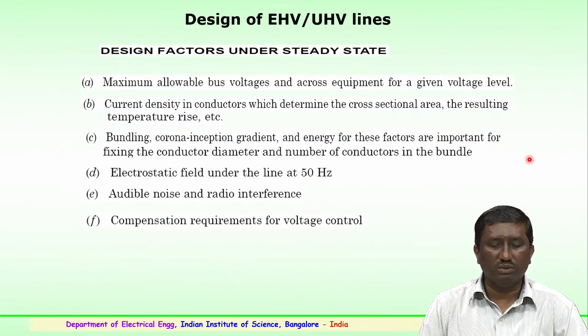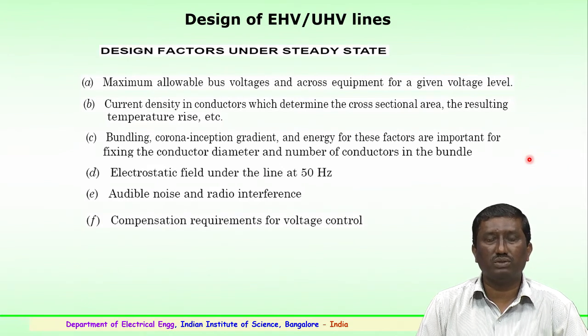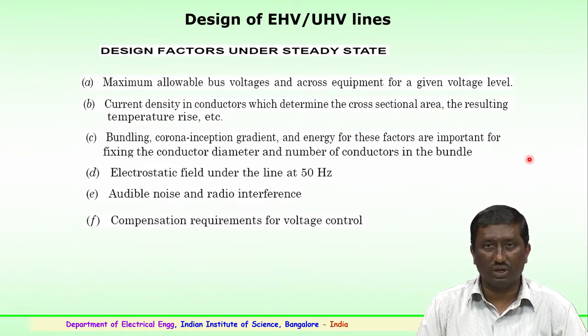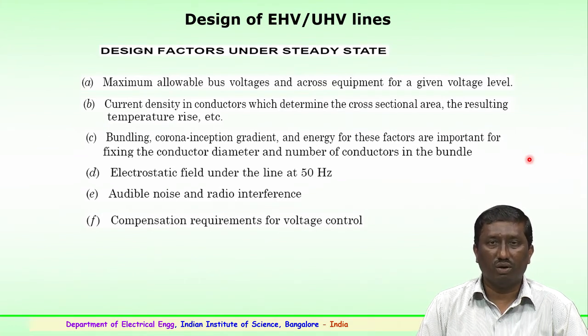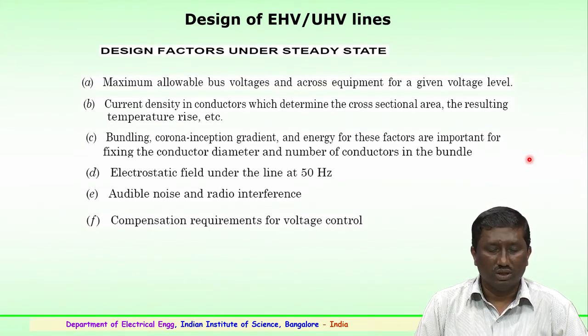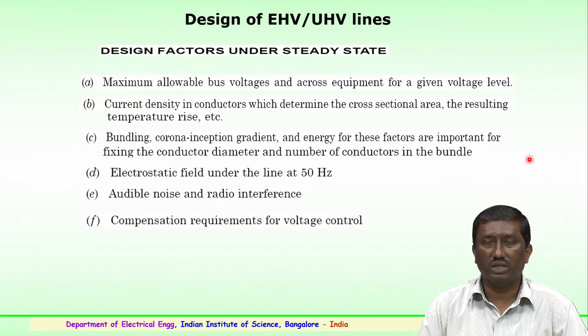The maximum allowable bus voltage could be any transmission voltage, could be 220, 400, 765 or 800 kilovolts. So, the maximum allowable bus voltage is an important factor to be considered, and across the equipment for a given voltage level. Any specified voltage level for the equipment which is being used at that level has to be considered.